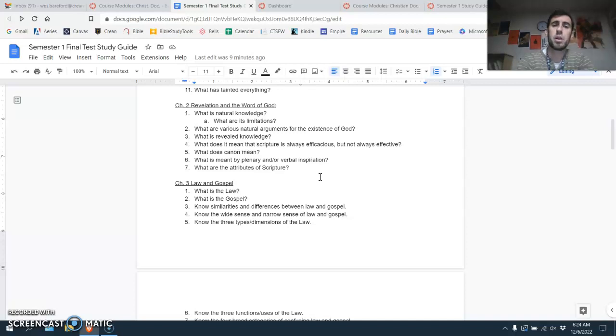What are various natural arguments for the existence of God? These were in chapter 2. Remember, they were things like the cosmological argument, that the existence of the universe requires a creator. The moral argument, that the existence of universal moral law requires a divine lawgiver. The teleological argument, that the noted order in the universe requires an orderer, or the design requires a designer.